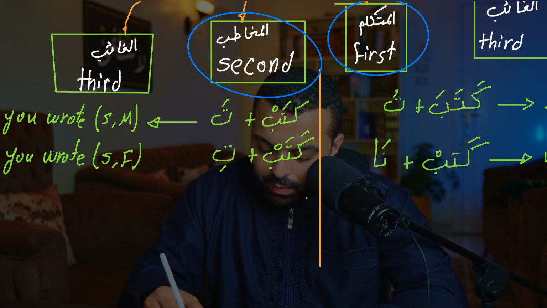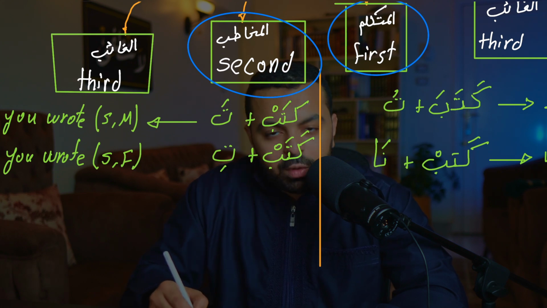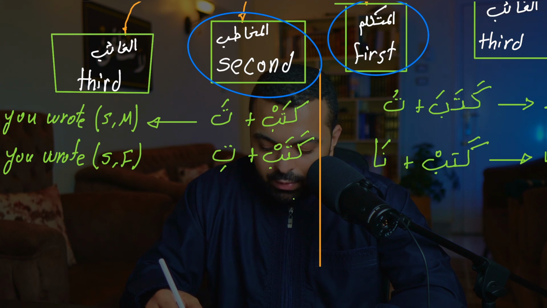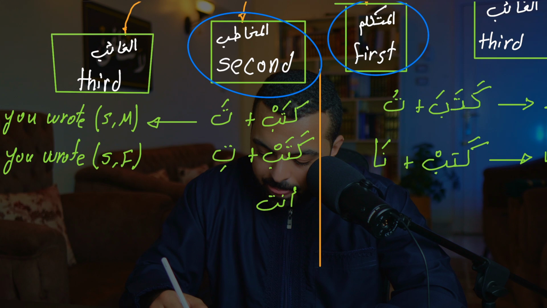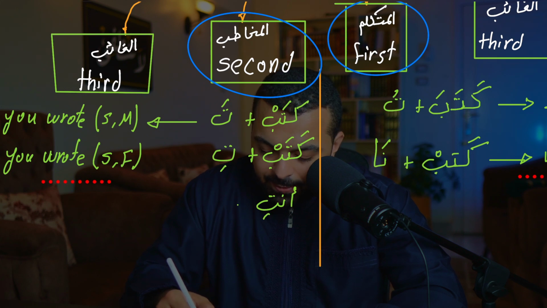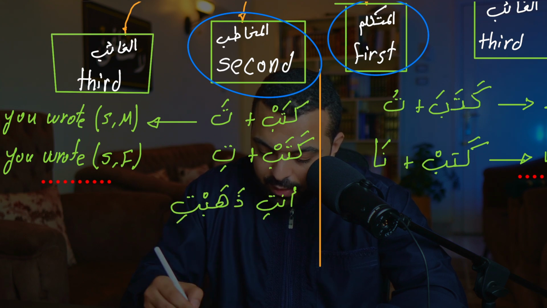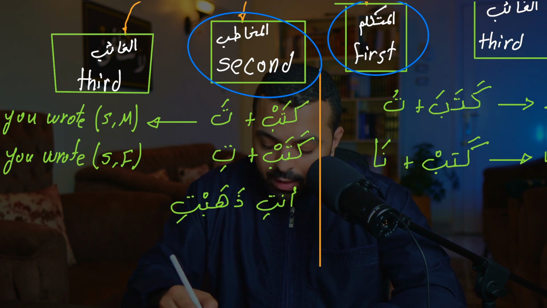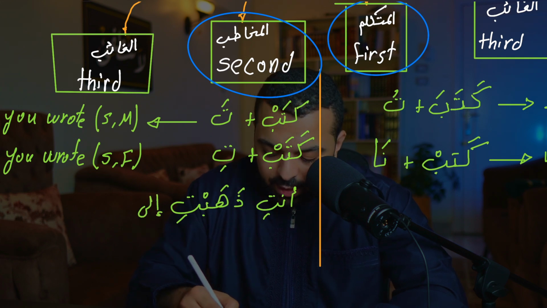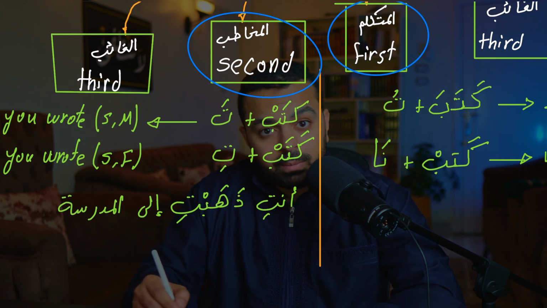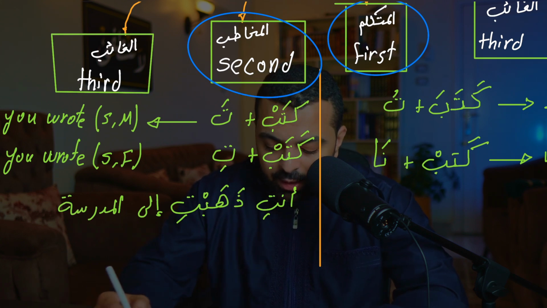For example, you talk to Sarah and you tell her أنتِ ذهبتِ, you went. أنتِ ذهبتِ إلى المدرسة. You went to the school.